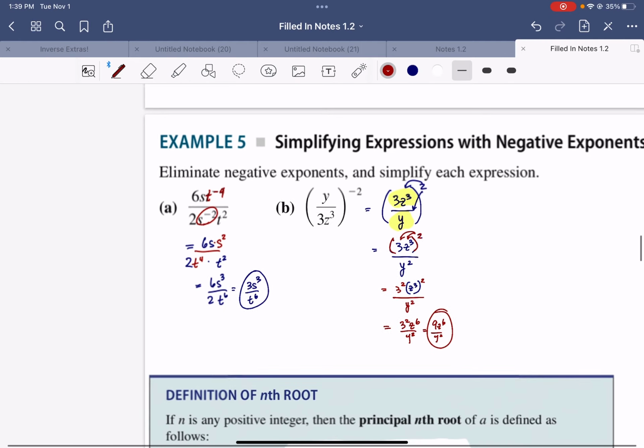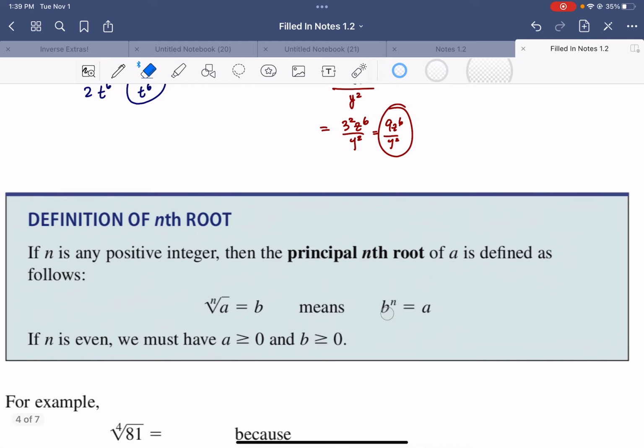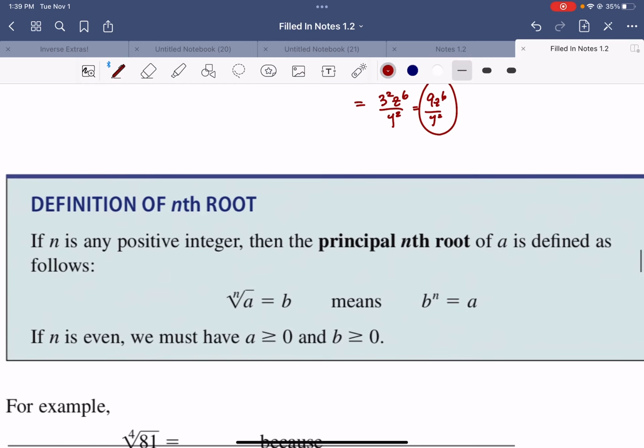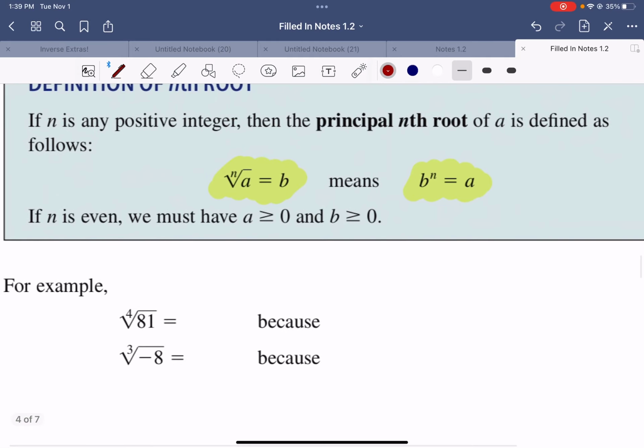Okay, great work. So the definition of the nth root. Well, here's how we're going to think about it. We're going to think about it as the nth root of a equals b. That just means that b to the n equals a. So in other words, let's look at this example.